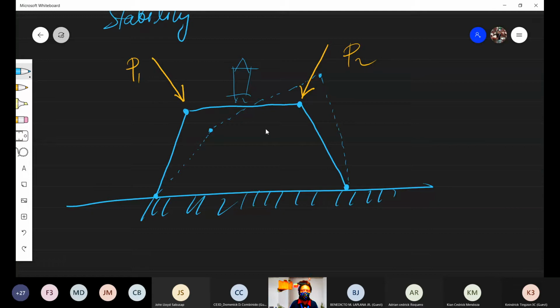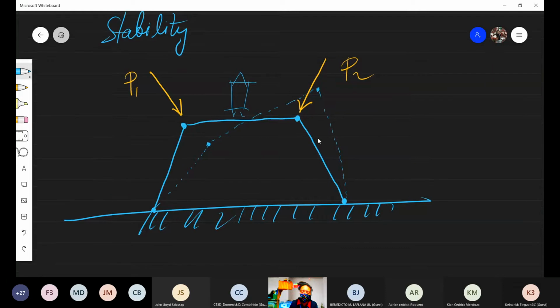So we have to design a structure that can withstand the unpredictability of those forces. So this type of structure is not stable. This is unstable. Now, how will you make this stable?